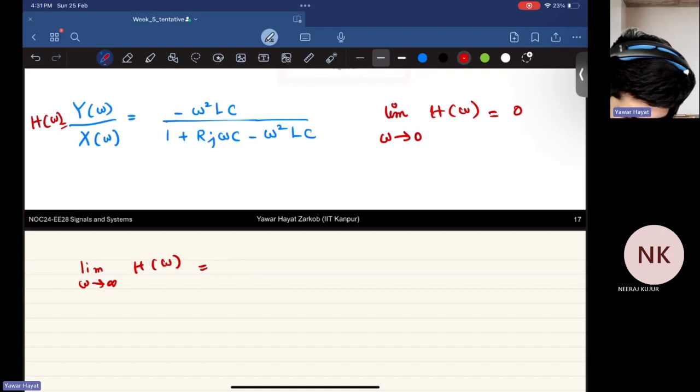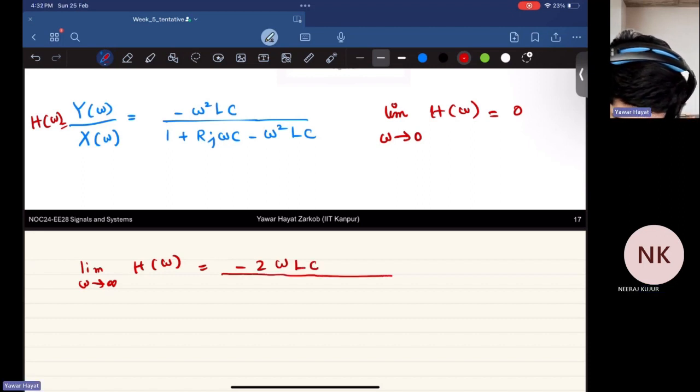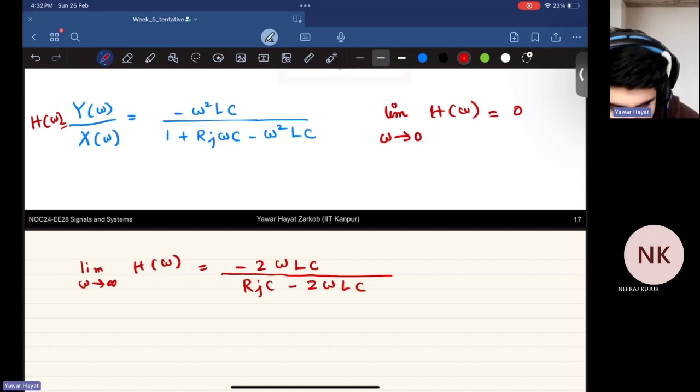Yeah, infinity by infinity. So once I use that, I'll get minus 2 omega LC, all divided by the differentiation of 1, which is 0. For this, it would be RjC, and this would be minus 2 omega LC, right? And again, if I use omega equal to infinity directly, I'll again get infinity by infinity form, right? So I'll again differentiate numerator and denominator and use L'Hopital's rule.